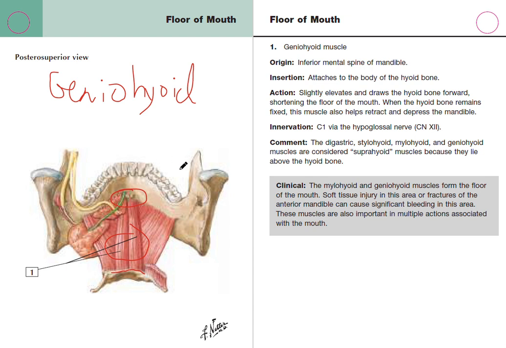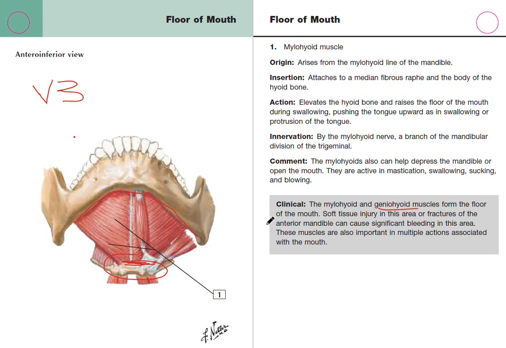Same is true for the mylohyoid muscle, wherein we recall that the mylohyoid arises from the mylohyoid line, and it inserts again into the hyoid bone.